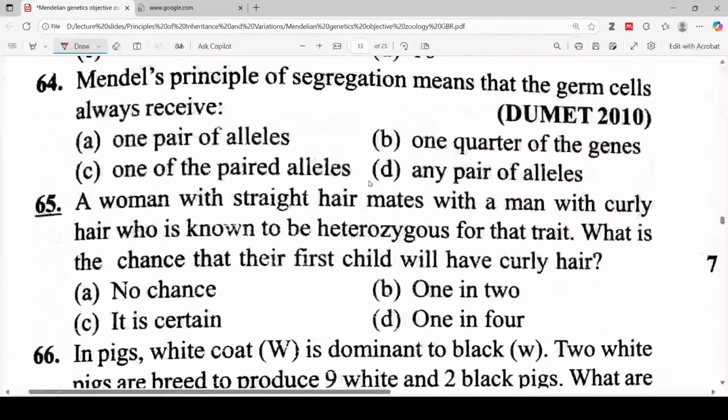Next question, the Mendel's principle of segregation means that the germ cells always receive one pair of allele, 1/4 of the allele, one of the paired allele, or any pair of the allele. So the correct answer will be one of the paired allele, option C.